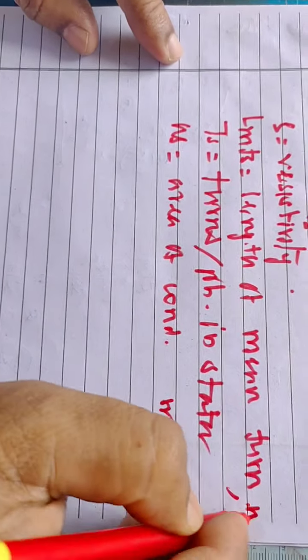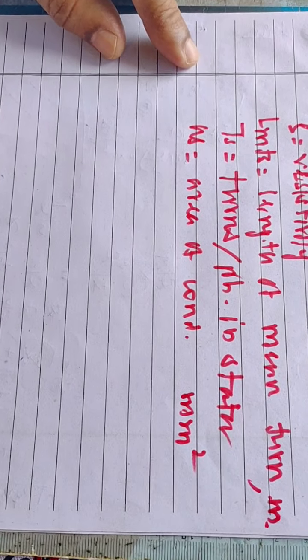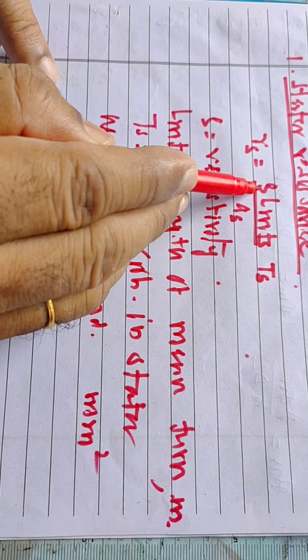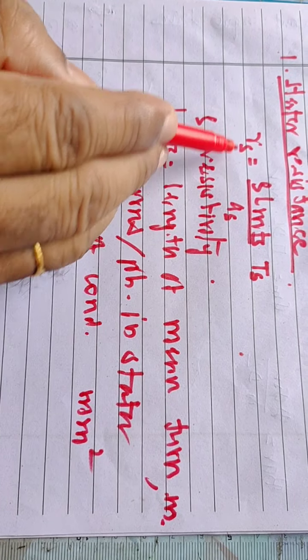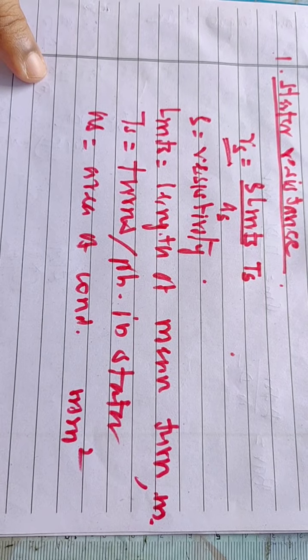Length of turn in meter, resistivity in ohm meter, and area in mm square. So stator resistance is calculated from this formula.